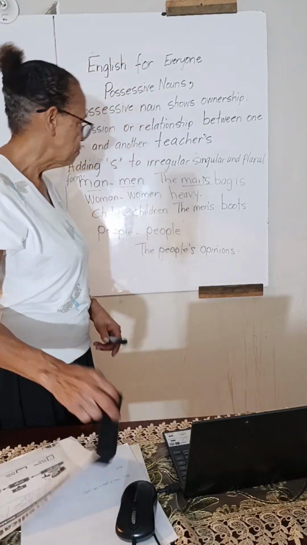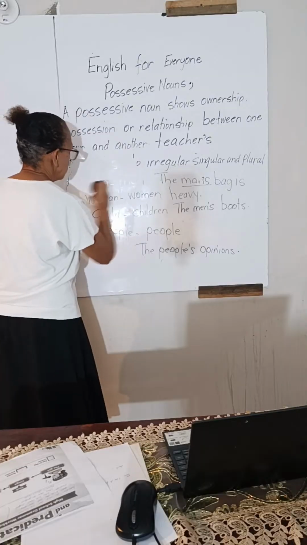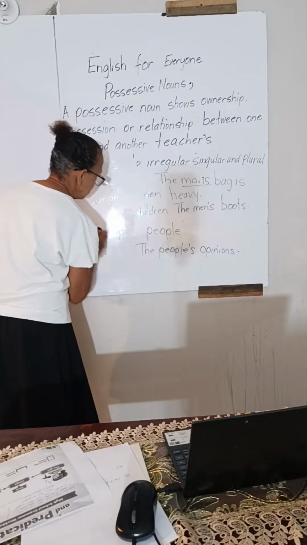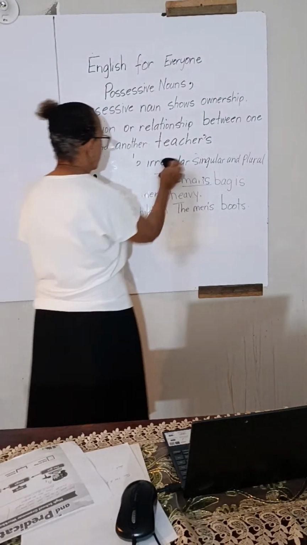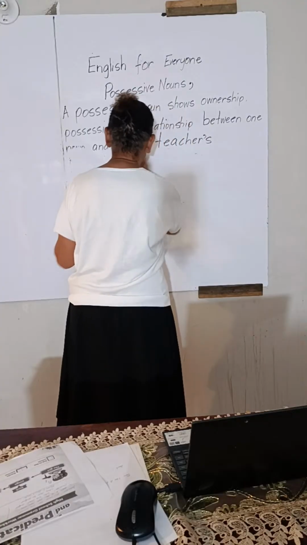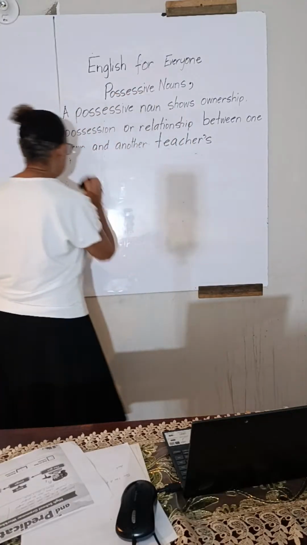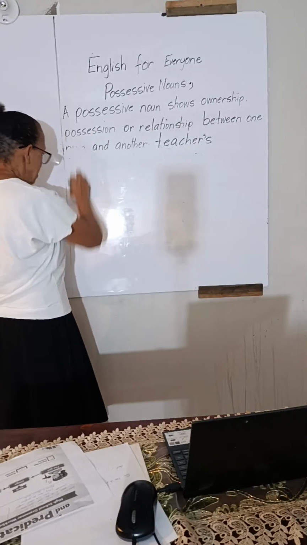Rule 5. The main aim of learning grammar is so that you can write better.